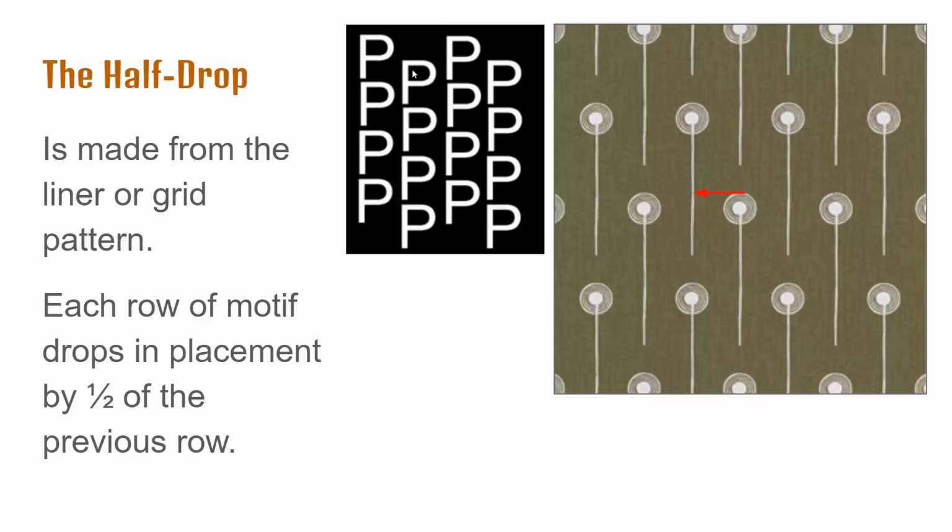The objects in this row are dropped by half of the measurement of the first row. Look there. So where this P and that P come together, this one fits right in the middle. It's staggered. Okay, this wallpaper pattern here, you can tell whatever they are, lollipops, dandelions, I'm not sure, but this starts at about the halfway point of the previous row.